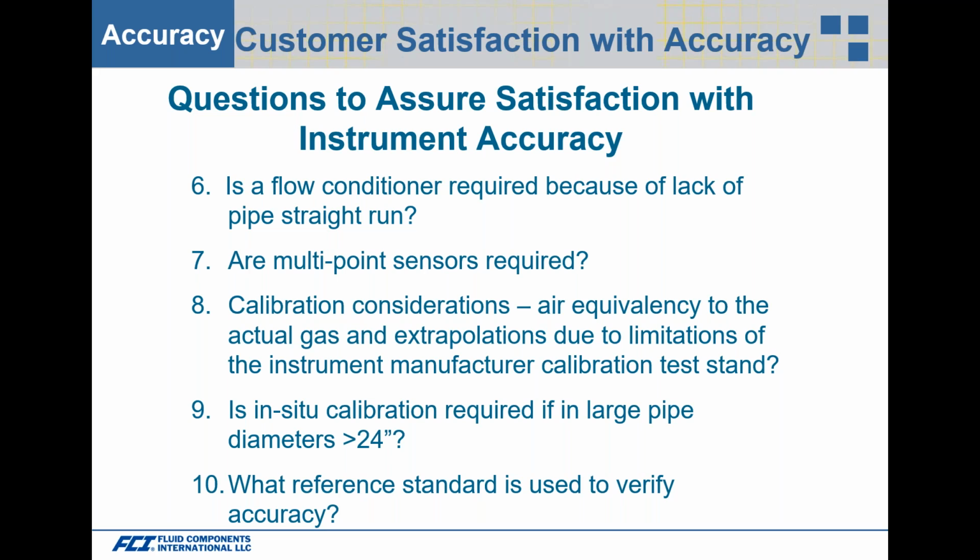You insert the flow meter back in, compare it to what the Pitot tube DP measurements are, and you can make a correction to your insertion flow meter to match the Pitot tube traverse. And then what reference standard is used to verify the accuracy?